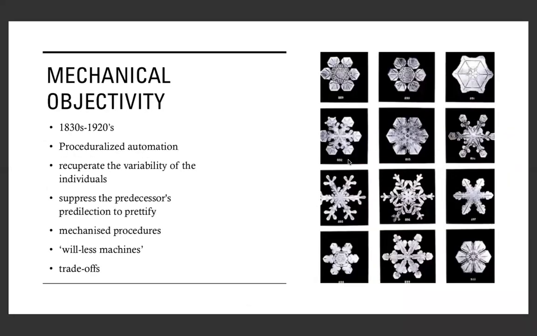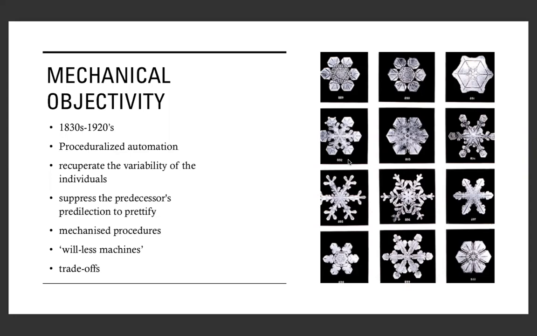Okay, so the second standard of objectivity, which took hold, I suppose, in the 1830s and was predominant for nearly a century up to the 1920s, is mechanical objectivity.